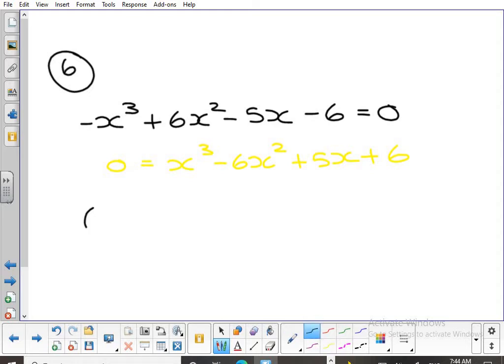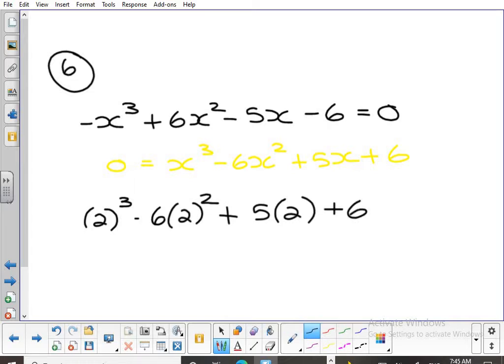So when I substitute 2, what's going to happen? I'm going to get this. 2 to the power of 3. Now you see I take the 0 away now. I'm just looking at the expression section. Minus 6, and that x will become 2 to the power of 2. And then I would get plus 5 times 2 plus 6. And I did it on my calculator, so I know it's going to be 0.